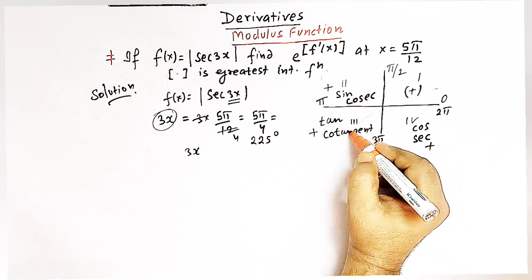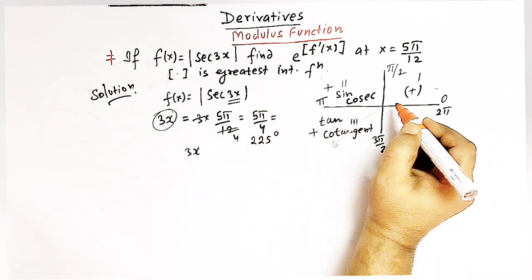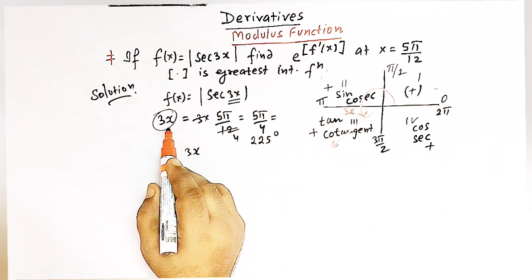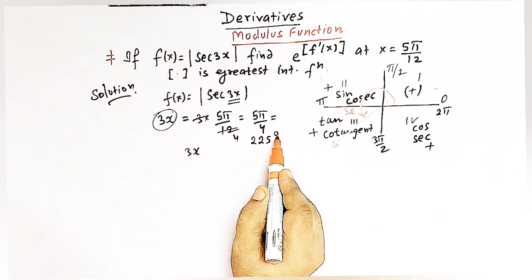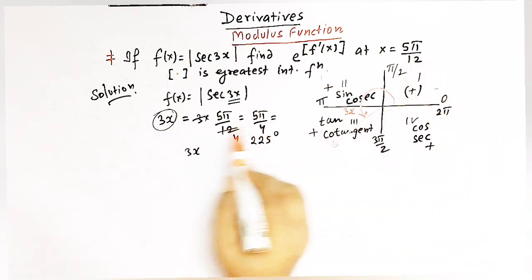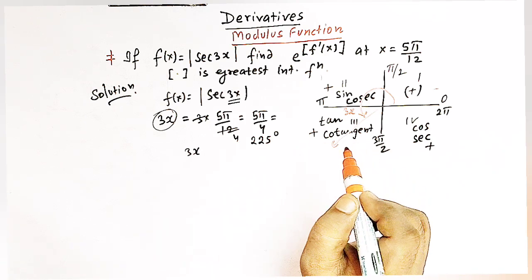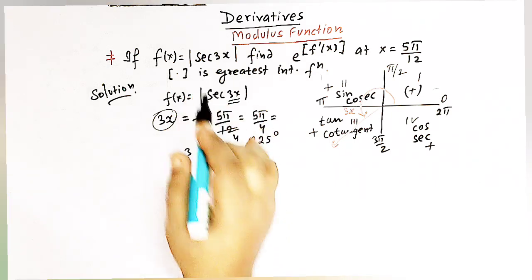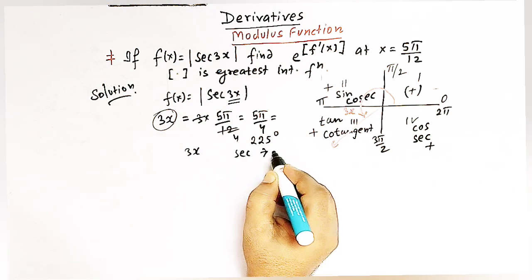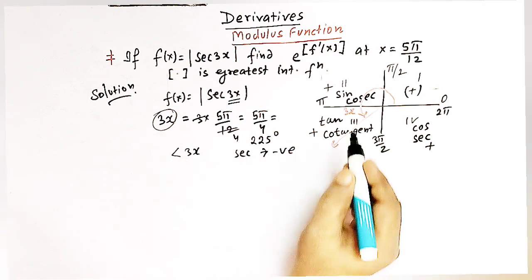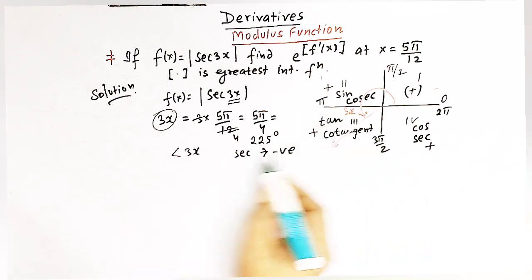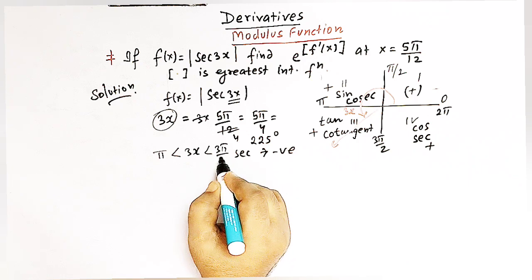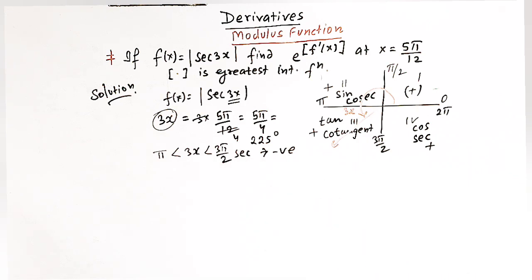So 3x is equal to 225 degrees at this point, and this angle falls in the third quadrant. So 3x lies in the third quadrant, that is 3x is greater than pi, but it is less than 3 pi by 2. So the secant function is negative.